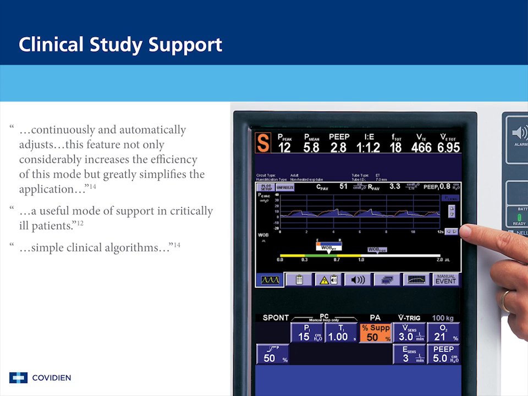A 2008 study, appearing in Intensive Care Medicine, showed that PAV Plus software was appropriate for use in critically ill patients with a variety of diagnoses, including acute lung injury and ARDS, congestive heart failure with cardiogenic shock, COPD exacerbation, and sepsis. In 2007, a management protocol was developed by Dr. Georgopoulos and others, which provides easy-to-follow instructions for the management of patients ventilated with a PAV Plus option.